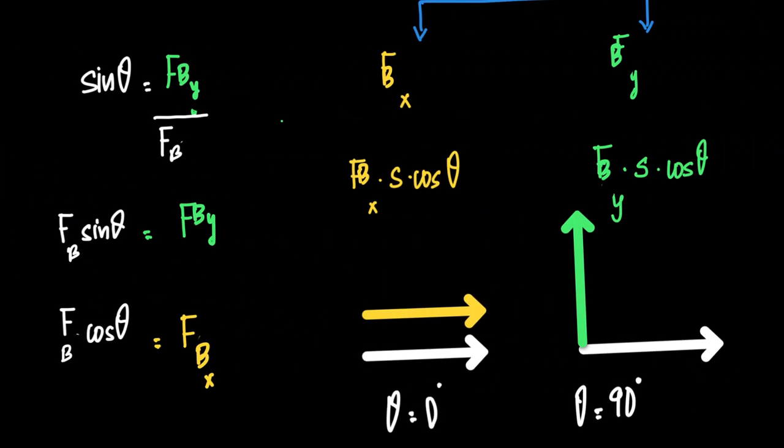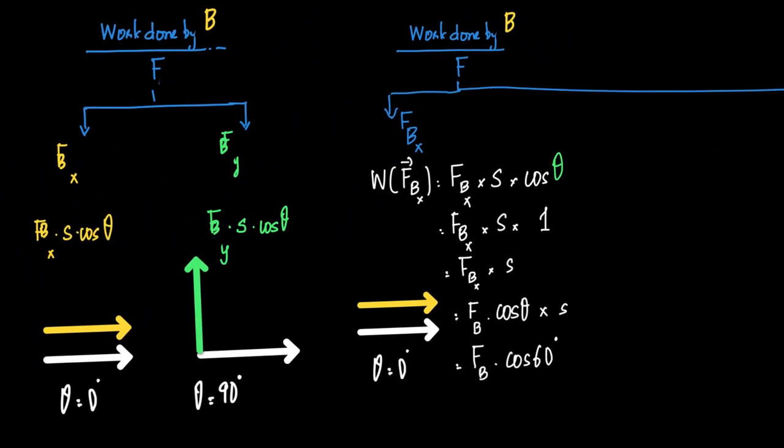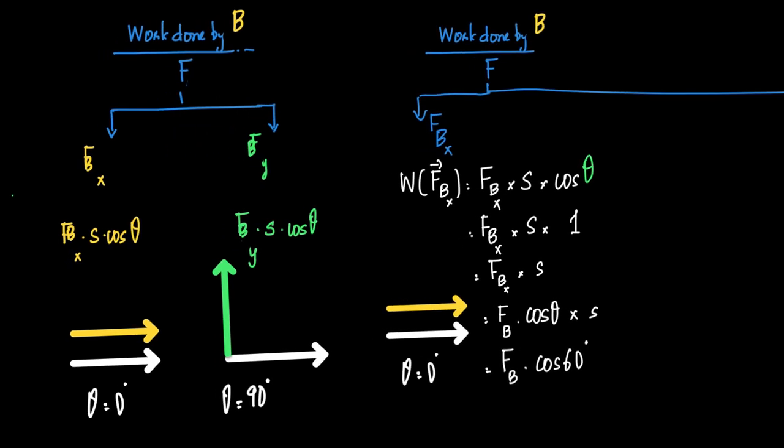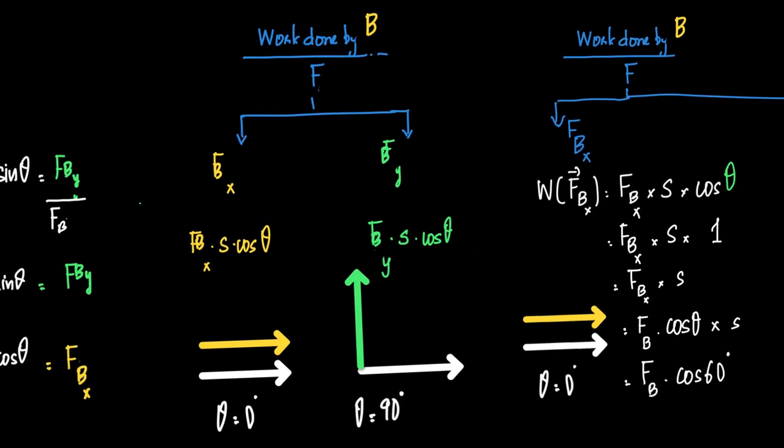Now let us consider the equations for work done by force B. So as we said earlier, work done by B will have two components. One will be for FBX and the other will be for FBY. In the case of FBX, the angle between them is 0. Them means what? Between the component of force and displacement. And the other case, the angle between them is 90 degree.